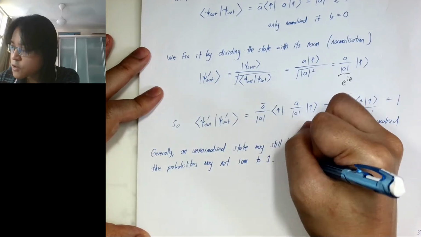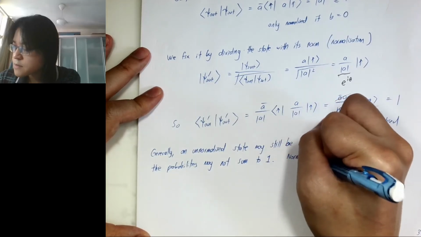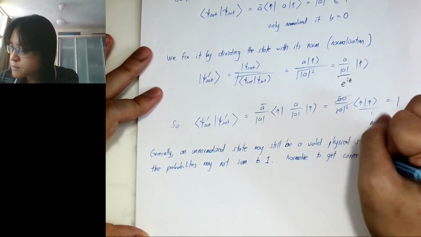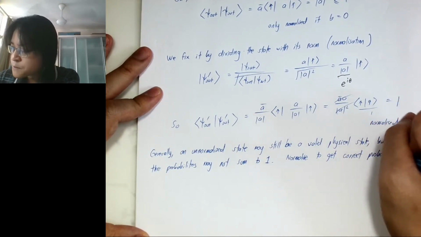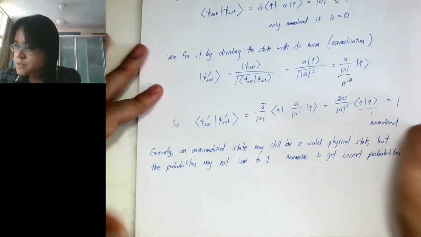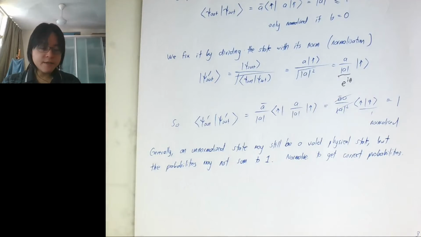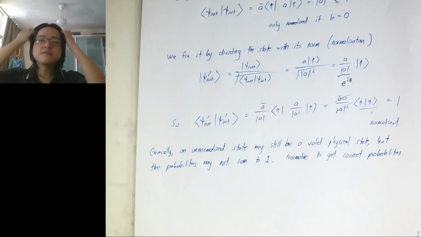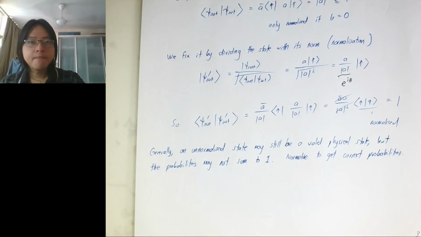So we need to normalize to get the correct probabilities. This is one of the consequences of the normalization of the state.